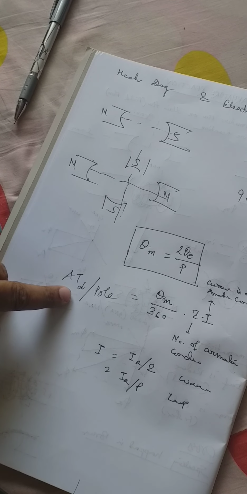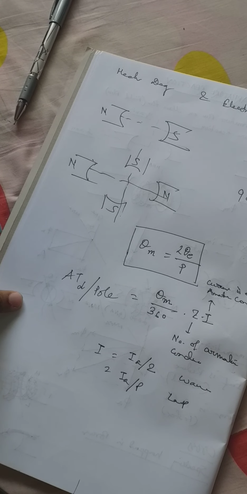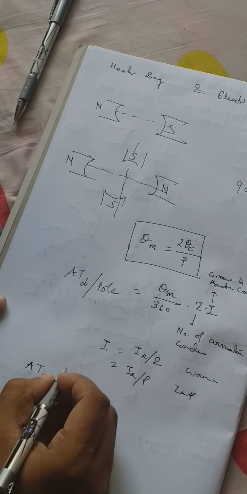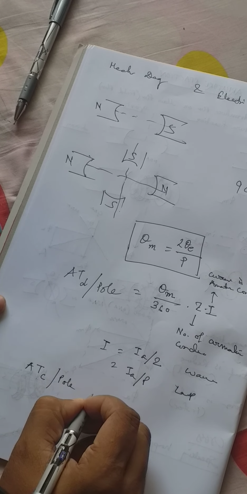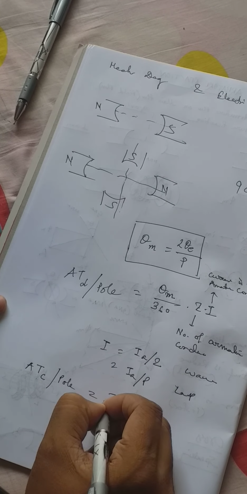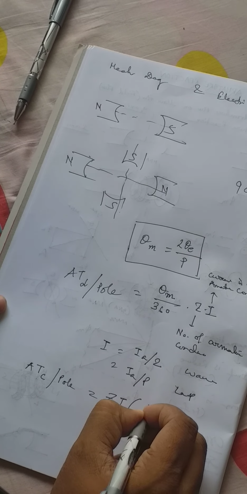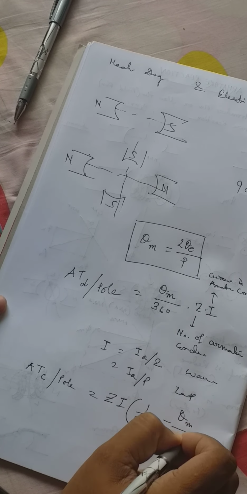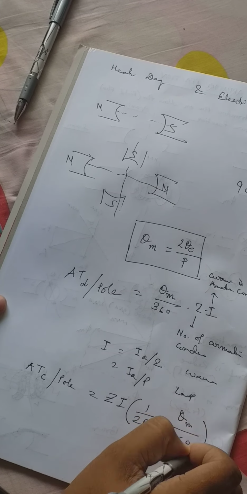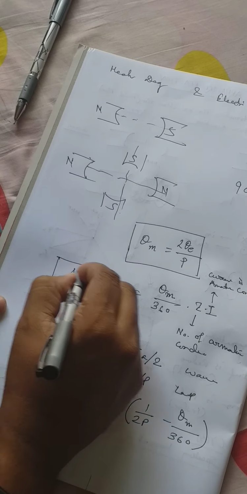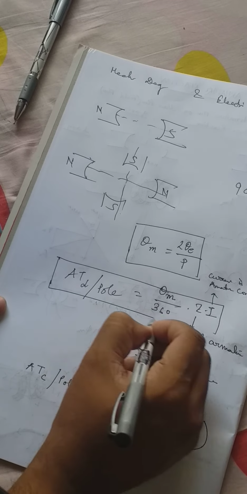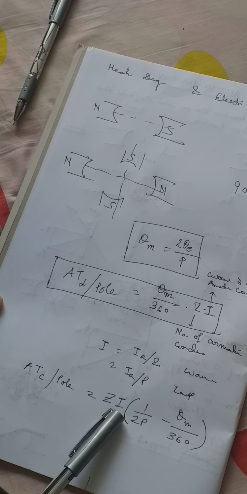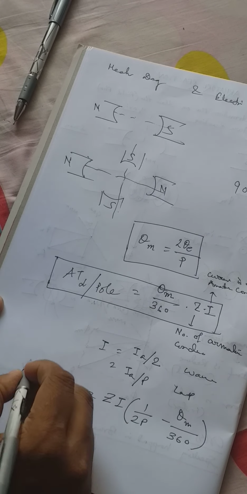Another is the cross magnetizing ampere turns per pole, that is ATc by pole is equal to Z into I into (1 by 2p minus theta m by 360), where Z is the total number of armature conductors and I is the current in each armature conductor.